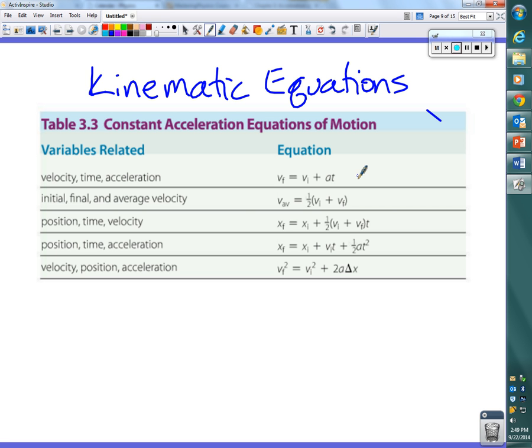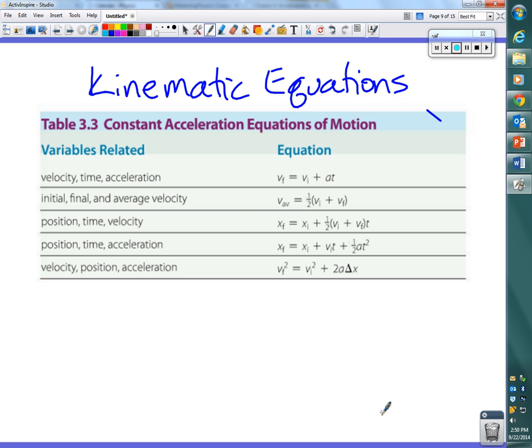Here, x final, x initial, v final, t, what doesn't show up? Acceleration doesn't show up anywhere there, right? We already talked about in this one that v final doesn't show up, and in this one here, time doesn't show up. So there's always something missing, and that's okay. As long as we have what we're looking for and what we know, we can pick the appropriate equation to solve for what we're trying to figure out.